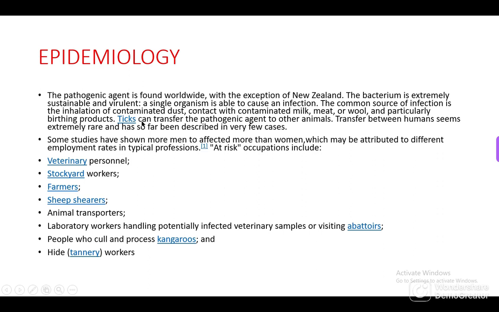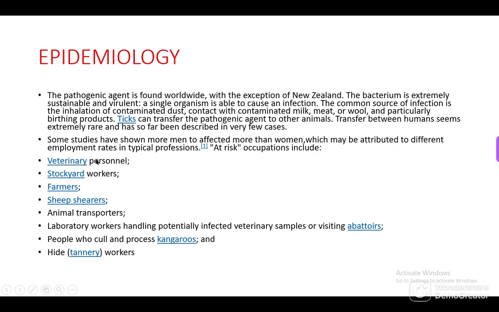So it is not a zoonotic disease directly in the form of arthropod-borne. It is not an arthropod-borne disease. Transfer between humans seems extremely rare, and has so far been described in very few cases by the secretions of one human to another.